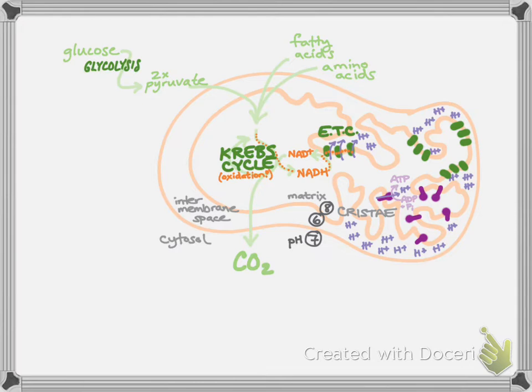All we're doing is taking a big carbon-based molecule, glucose, fatty acids, or amino acids, oxidizing it, taking the electrons away from it, giving those electrons to a carrier, NADH, which carries them to the electron transport chain. That generates the proton gradient, which spins the synthase. Now, that's a whole lot of stuff to remember, but try to take a step back and get the order of operations here.